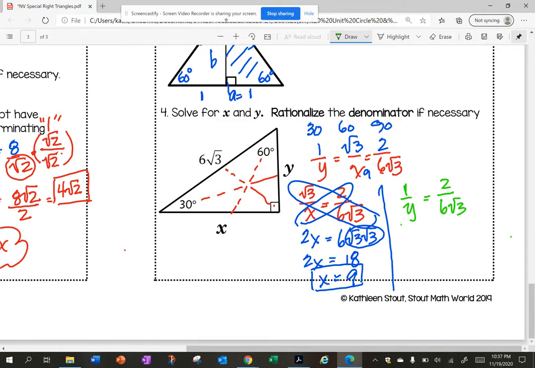Again, I am cross multiplying because I have equivalent fractions. So 2y equals 6 times the square root of 3. Divide both sides by 2, I get y equals 3 times the square root of 3.